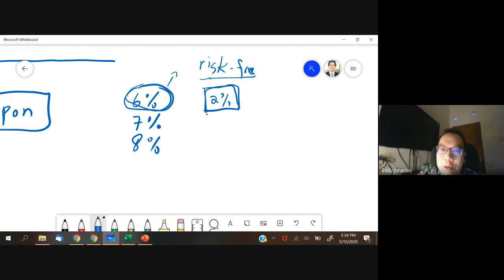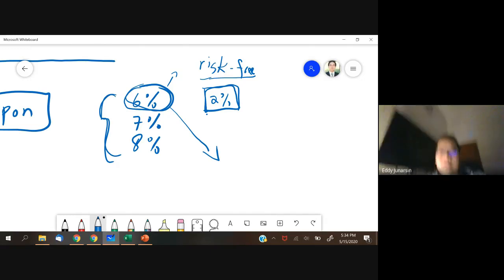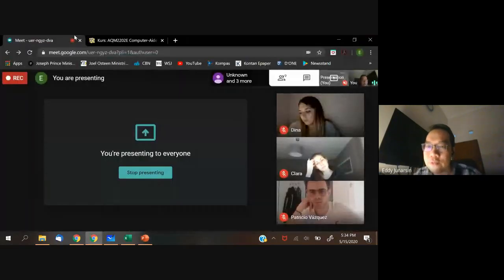So it should be above 2%, but now what is above 2%? There are a lot of numbers. So if you finally decide on 6%, here's the thing, right? When you issue a bond, in the contract there are a lot of clauses, right?